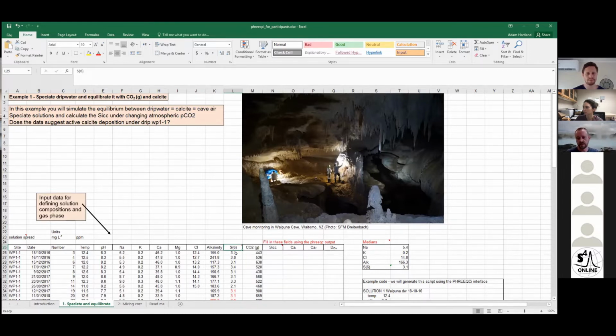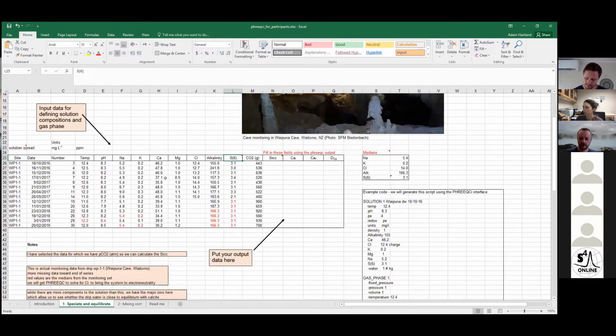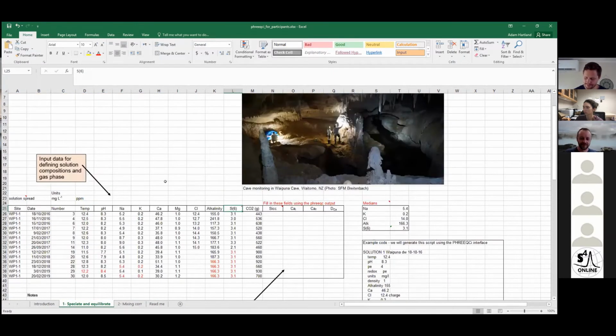So that is PHREEQC notation. In PHREEQC, it recognizes sulfate by the element sulfur, and the number is the oxidation state of sulfate. So there's a few things in the code which are kind of nerdy stuff that you might not know. But that's why it's there in that form.